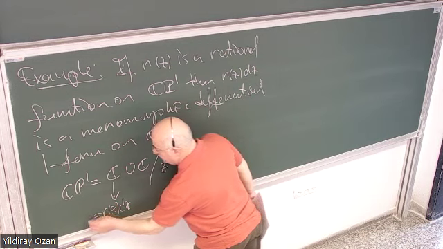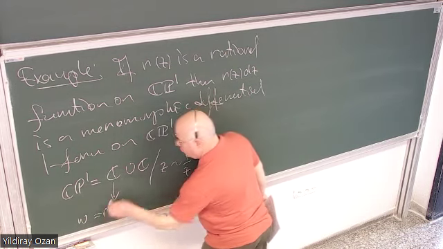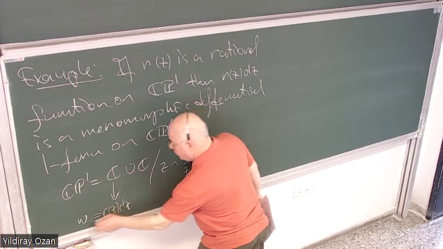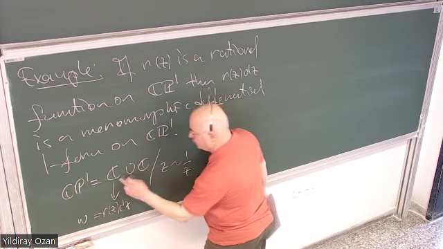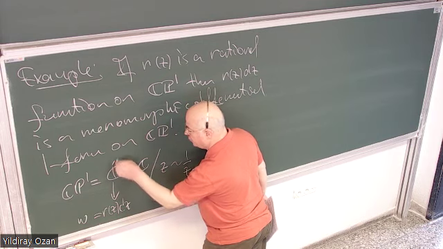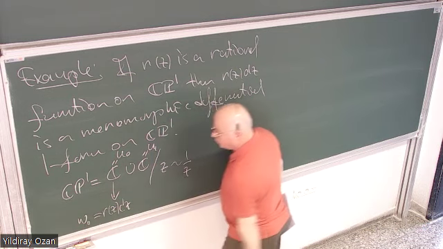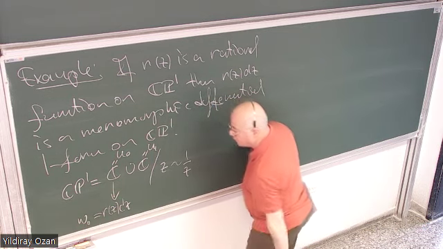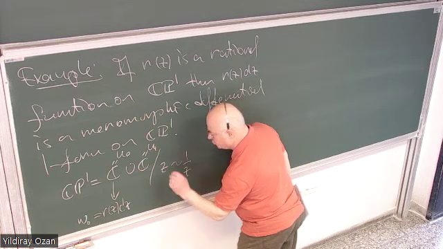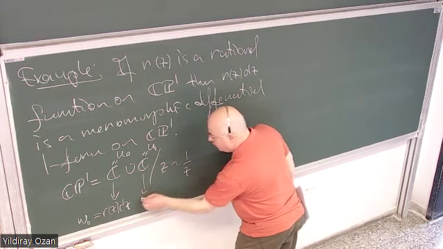Let's say this is the first coordinate chart, U0, and this is U1. On this one it is W0, and on this one it will be W1.